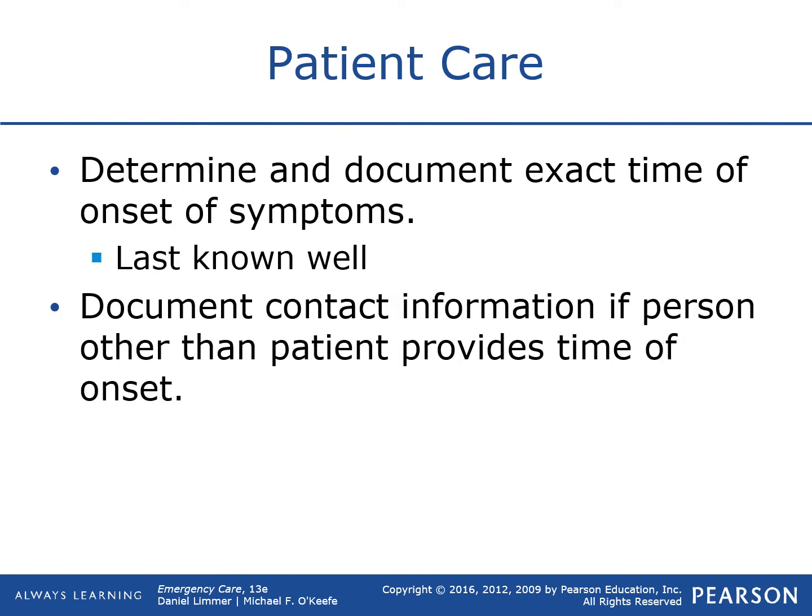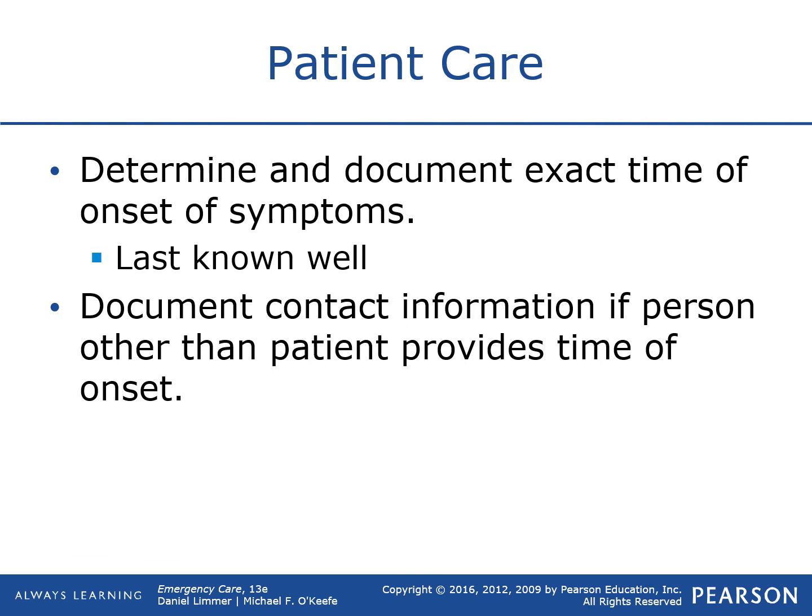When we are assessing these patients, it's critical that you know the exact time of their onset of symptoms. If you can't find out the last time of onset of symptoms, we have to know the last time that they did not have the symptoms.